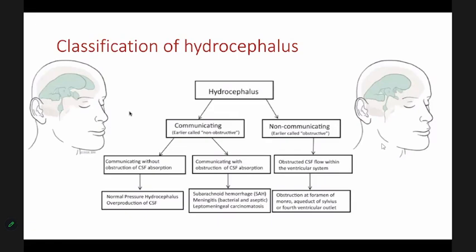What we mean by communicating is that there is a connection between two ends, right? If the ventricular system continues to communicate, we call it communicating hydrocephalus. And if in the ventricular system, one end is not communicating with the other end, or some parts of the system are not communicating, then we call it non-communicating.